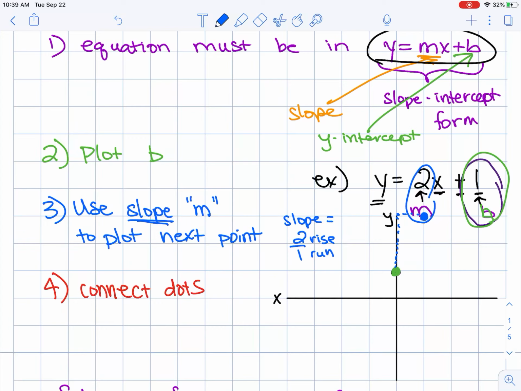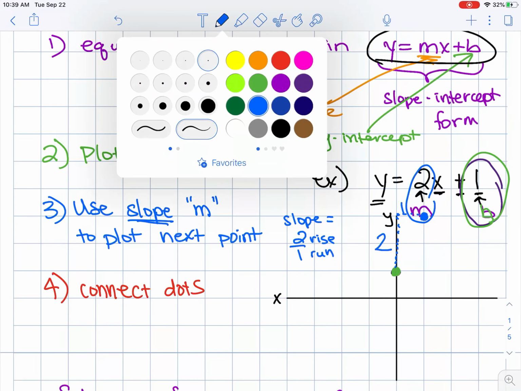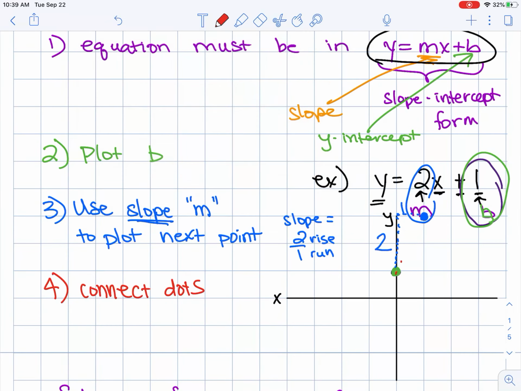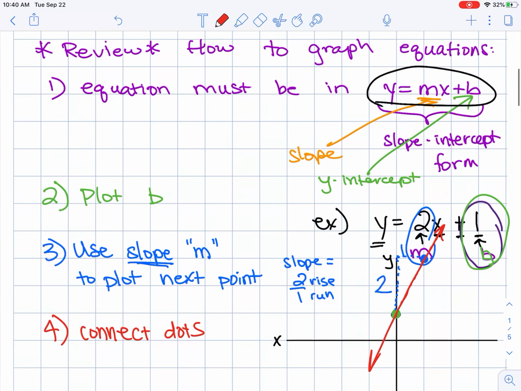And that's our next point. So we rose 2 and we ran 1, found our next point. And then the last thing you're going to do is you're going to connect your dots. And that's it. Okay, so this is a reminder, if you can't remember, how to graph an equation as long as we're given the slope-intercept form.